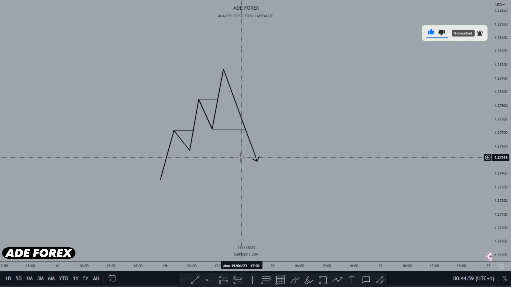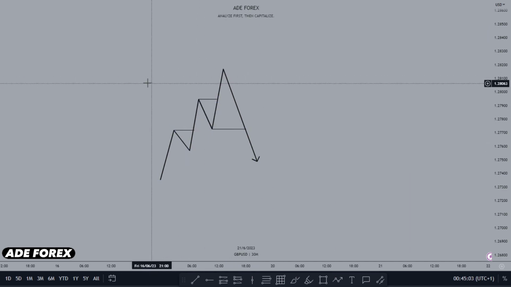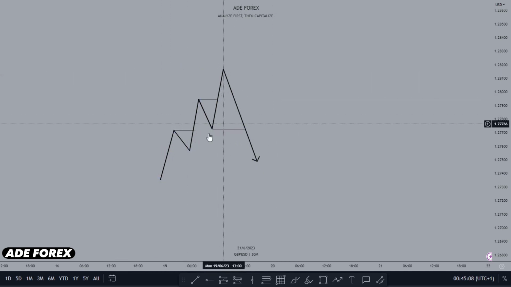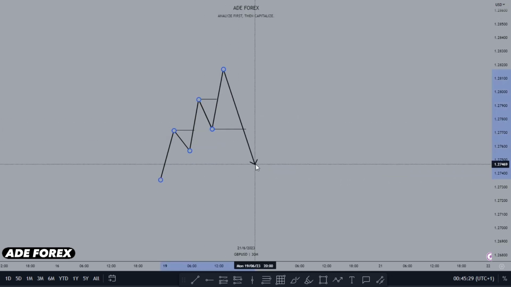All right, so basically this is breaking of structures. I hope you guys understand that. This is also breaking of structures, but to differentiate it from each other, because we're breaking structure towards a particular trend, but here we just broke the structure to start a new trend.